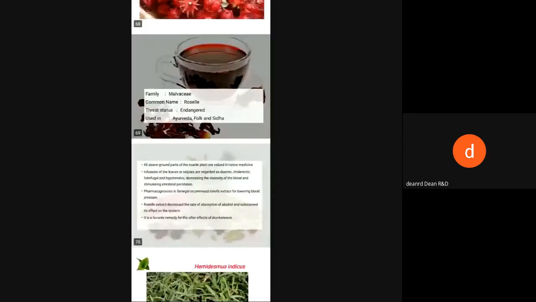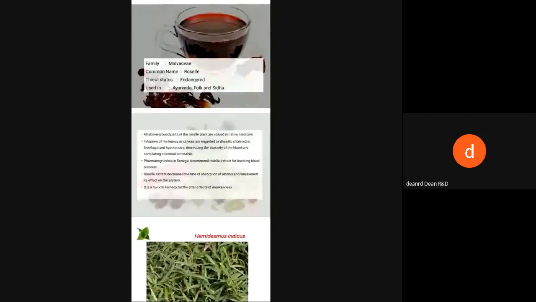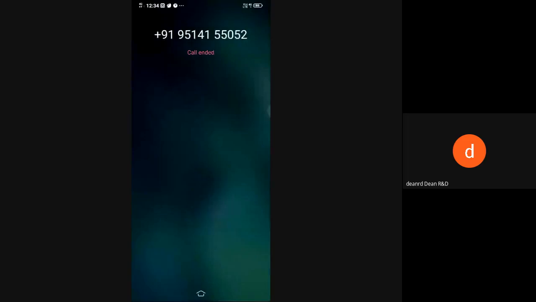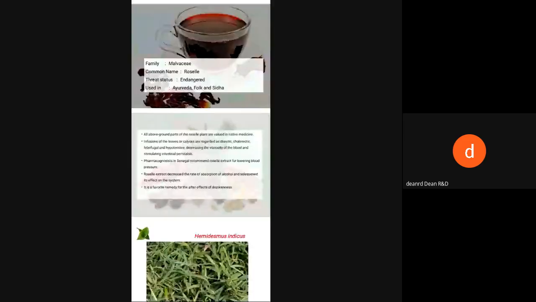The pharmacognosists in Senegal recommend Roselle extract for lowering the blood pressure. The extract also decreases the rate of absorption of alcohol and its effect in the system, and is a very favorite remedy for the after effects of drunkenness.